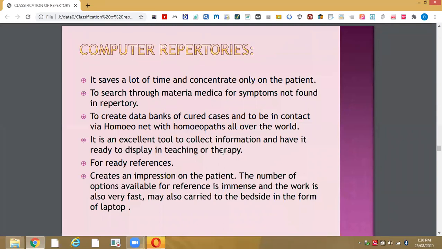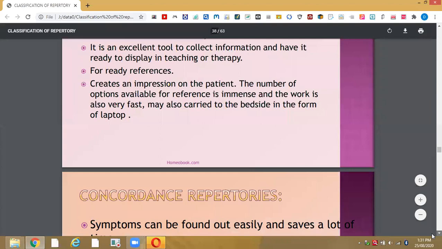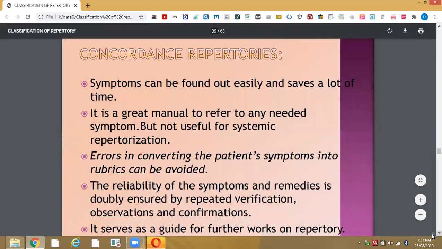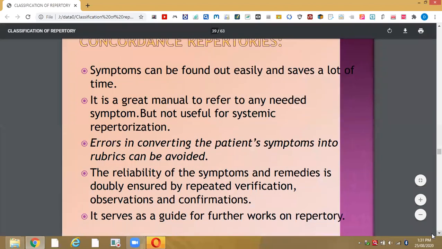Then we can do our work within a few minutes. We can save our time and prescribe for the patient very fast, and we can carry this data anywhere, so it is easy to treat the patient if we are not in our OPD.